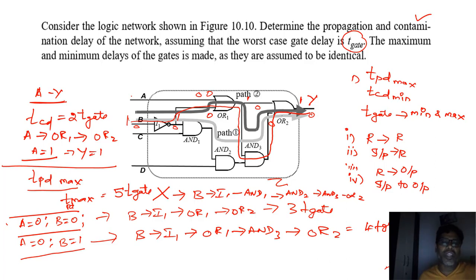Now the claim we are trying to make is, though there exists a path which goes through 5 gates physically, it will never get excited. How do I say this? Because for all combinations, now almost we have taken all combinations. Can you see here?